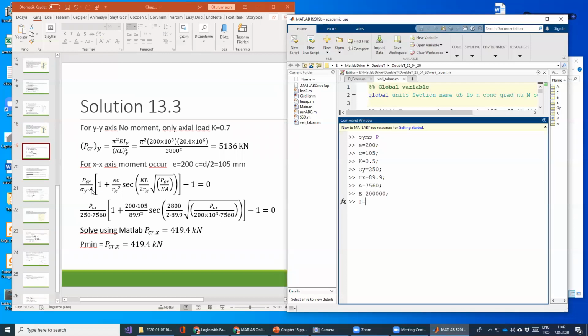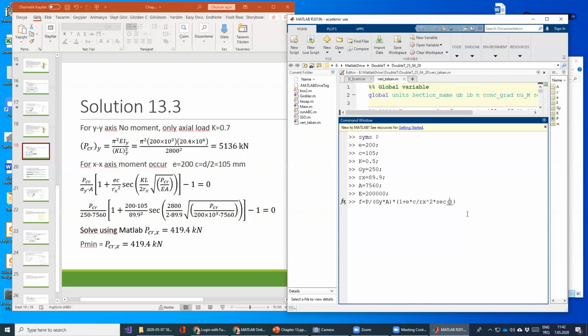So I want to write the R function, the nonlinear function, like P divided by, in parentheses, sigma Y times A, multiplied by a big parentheses, 1 plus A times C divided by Rx square, times the secant.